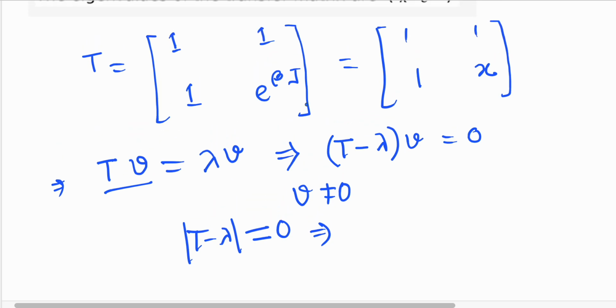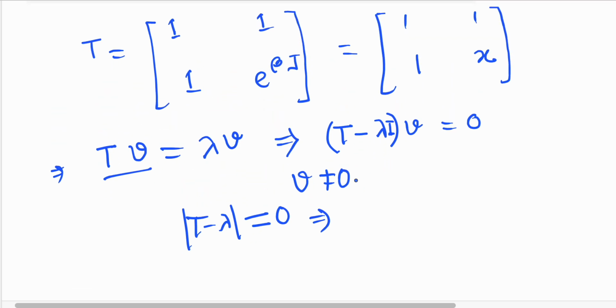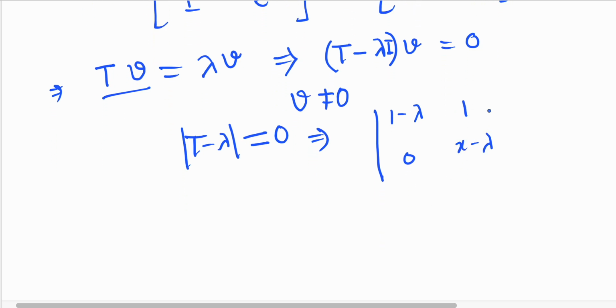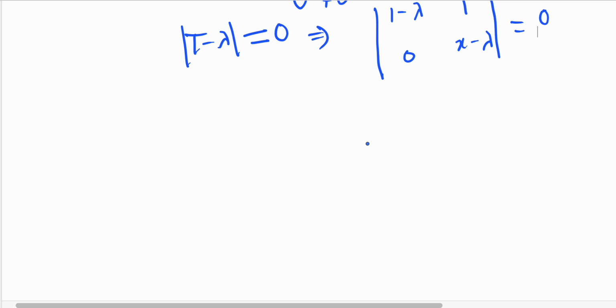Here I is the identity matrix. So T minus lambda I becomes the matrix with 1 minus lambda, 1 in the first row and 1, x minus lambda in the second, and its determinant is equal to 0.